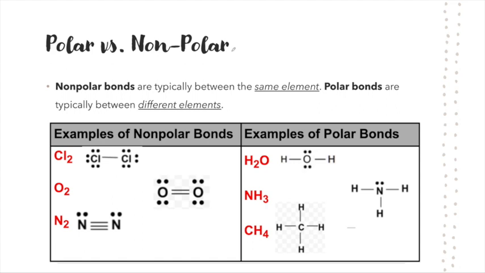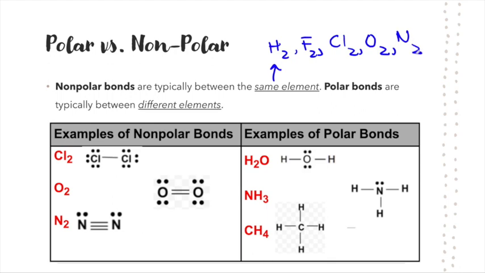Okay, now that we have learned what they are, what is the difference between polar bonds and nonpolar bonds? We talked about in the last video that nonpolar bonds are typically between the same elements. So you can think of your H2, F2, Cl2, O2, N2.